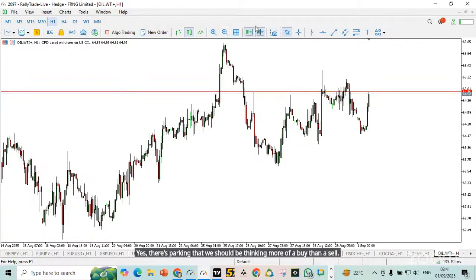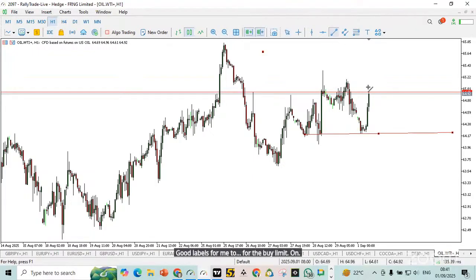So what do I need? I need a pullback on this chart for me to try to buy, or simply focus on the demand level. Demand levels like this are good levels for me to put a buy limit on to target a buy, or simply wait for a pullback, then I can begin to buy. That's the first mode of entry for a buy.